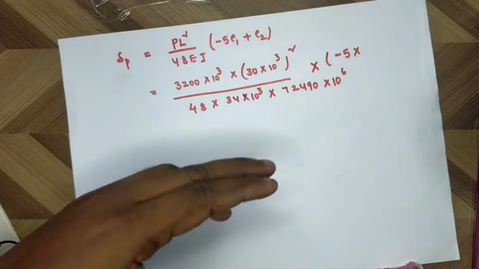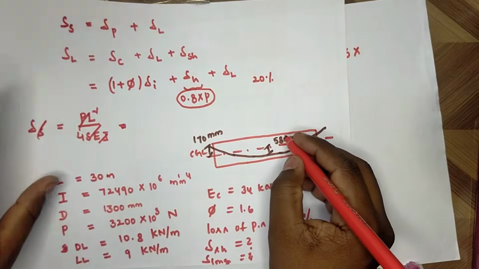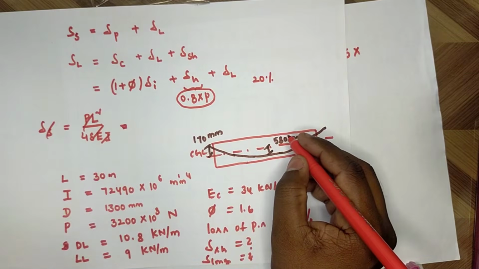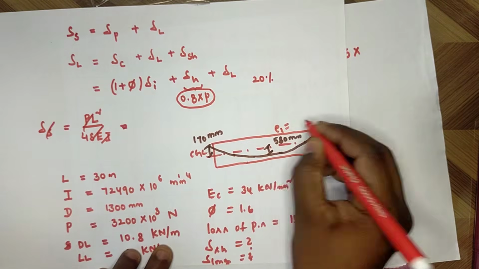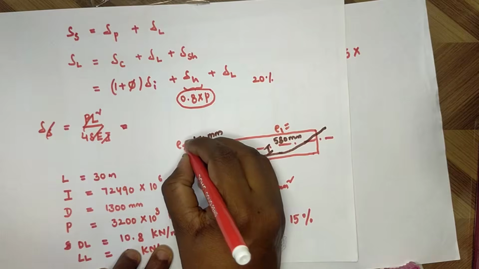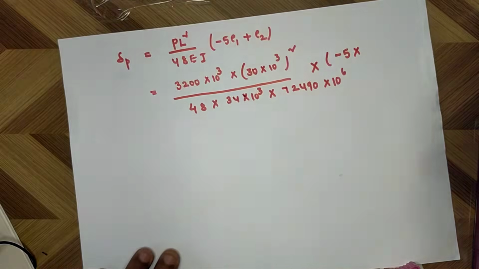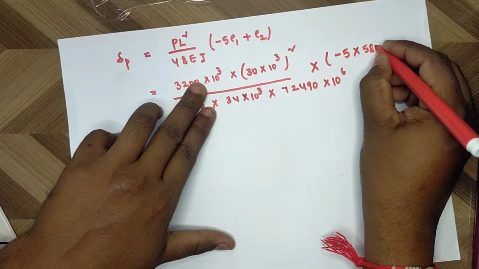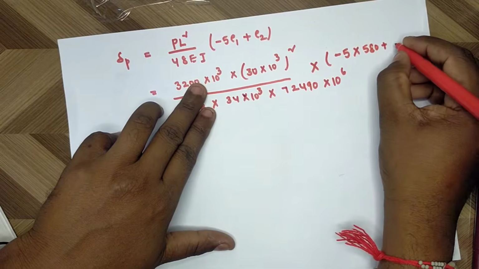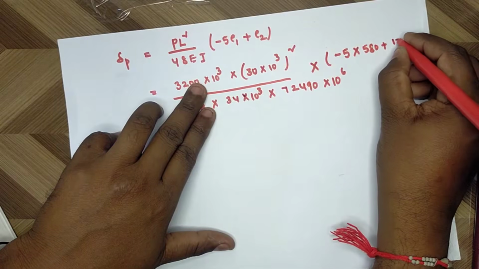Here in this formula we are assuming this is e1 and this is e2, right? e1 is equal to 580 plus e2 is equal to 170.